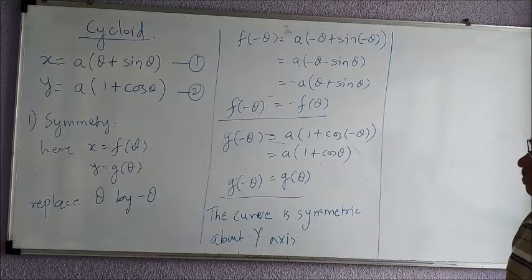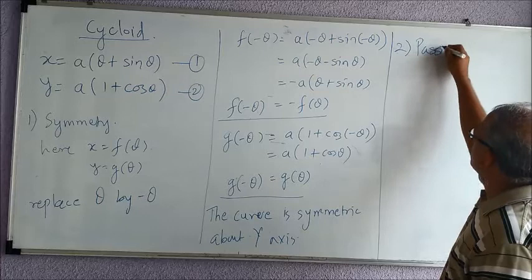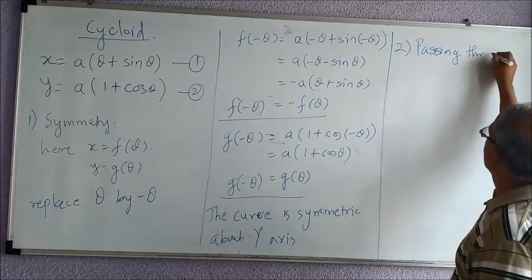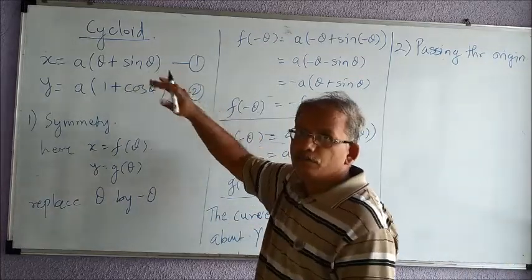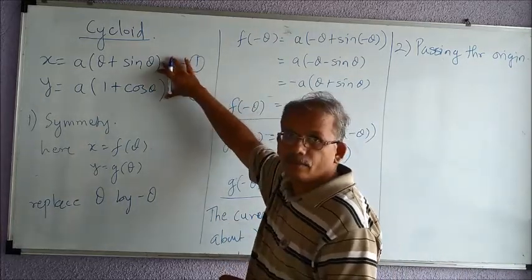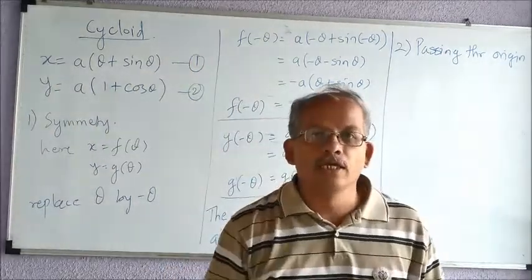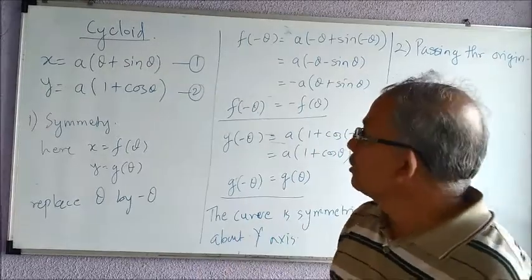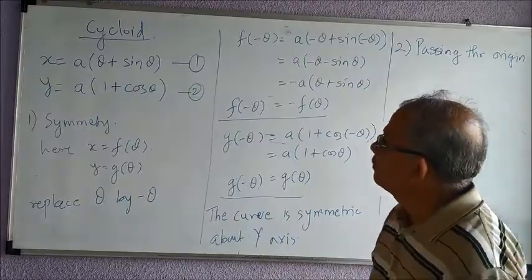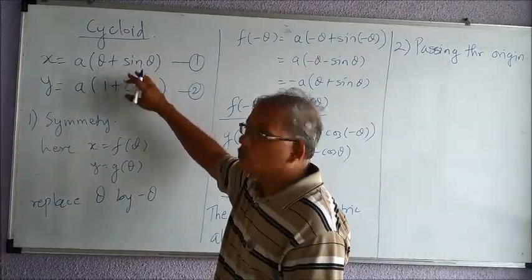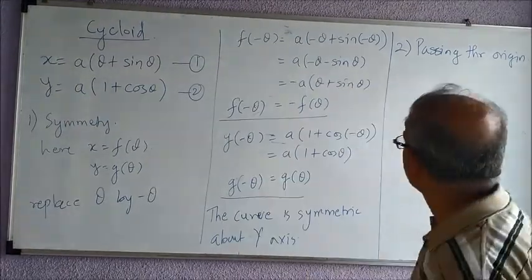Next point: whether the curve passes through the origin. You look for a value of theta for which, if you substitute that theta in both these equations, for a single value of theta, both x and y are going to be 0. You can try certain thetas, say theta equal to 0, pi by 4, pi, 2 pi, etc. You will see that there is no value of theta for which both x and y are equal to 0.